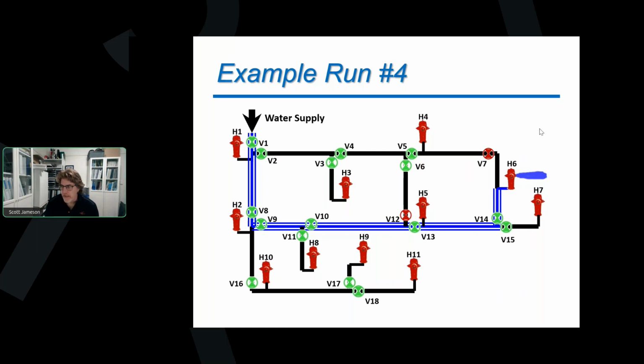In this case, we didn't have to go back and change valve 12, right? So this is one of the things, again, trying to show this idea that if we can minimize the valves we're having to open and close and moving our flushing equipment, we might be able to make the system more efficient.